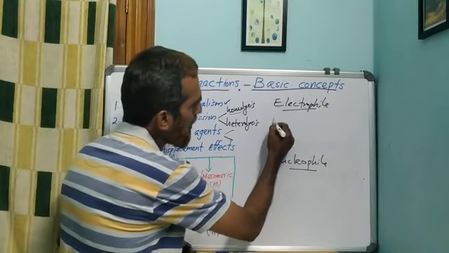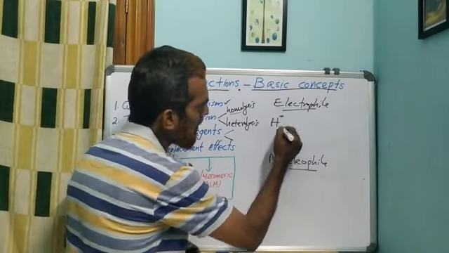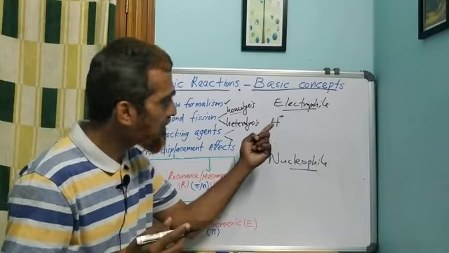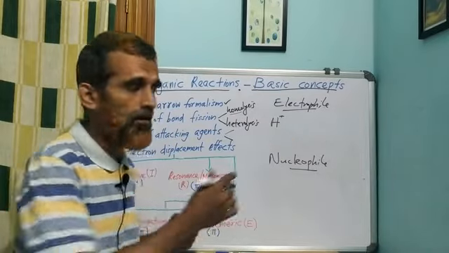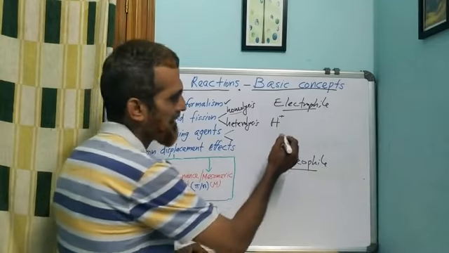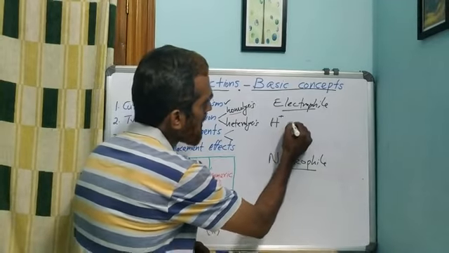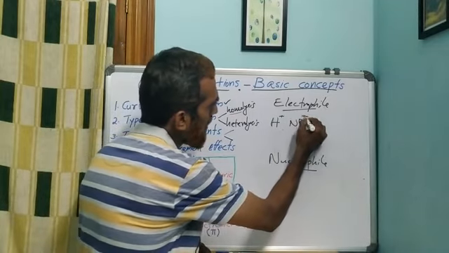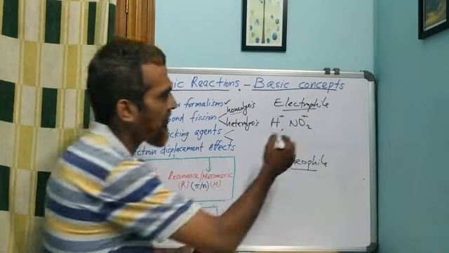Putting example, very common example, see H plus ion. This is an electrophile because it's a positive ion and it is electron deficient. It will attack electron rich centers to get electrons. Another is NO2 plus. In nitration reaction, this is an electrophile.